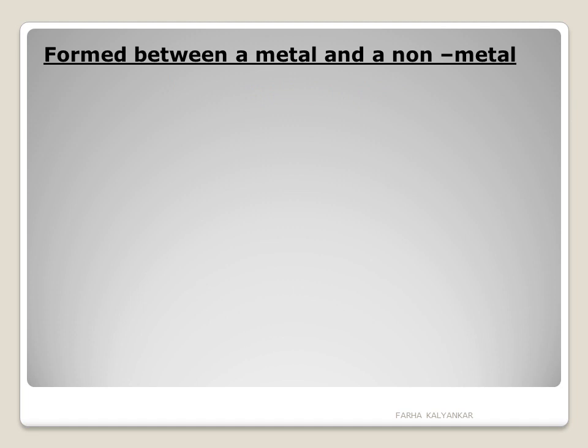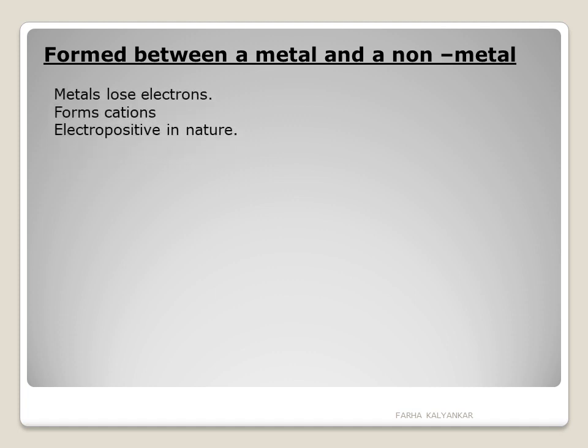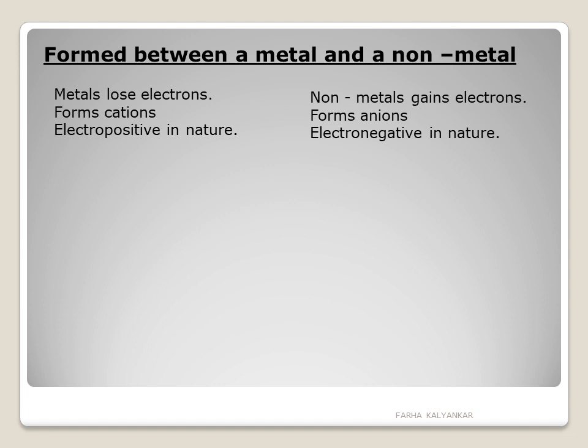An ionic bond is formed between a metal and a non-metal. Metals lose electrons to form cations, which are electropositive in nature, whereas non-metals gain electrons and form anions, which are electronegative in nature. For example, a neutral atom of sodium, when it gives up an electron, forms a cation.